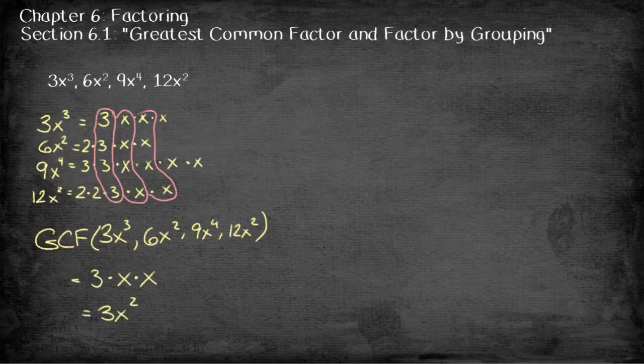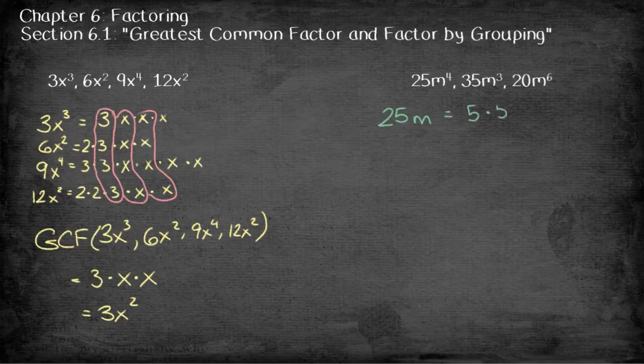So as long as you feel comfortable factoring numbers into primes, this is pretty straightforward. Let's look at another example. I have now 25m to the fourth. This would be 5 times 5 times m times m times m times m. 35m cubed.